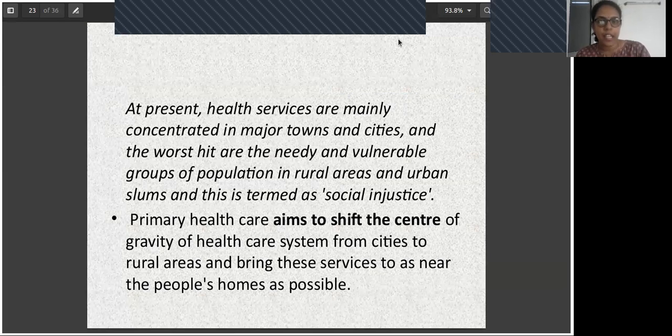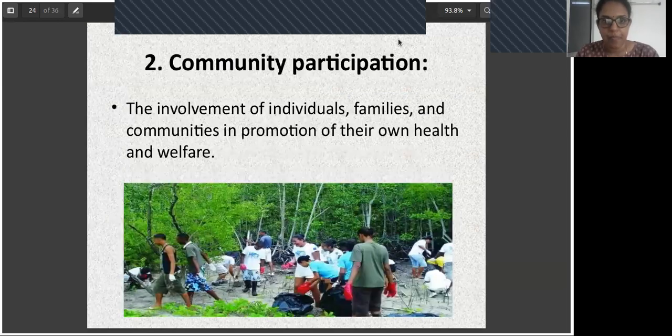So primary healthcare aims to shift the center of gravity of the healthcare system from the cities and well-off areas to rural areas, and bring these services as near to people's homes as possible. That is the aim of primary healthcare.